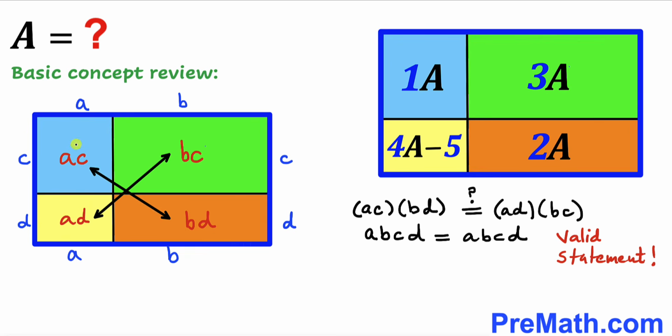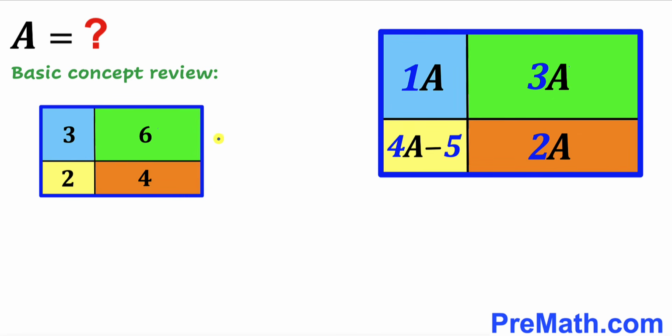We conclude the product of these two areas is going to be equal to the product of these other areas as well. Let me show you this simple example. The product of these two areas, 3 times 12, is indeed equal to 2 times 6, so we can conclude that 12 is indeed equal to 12.